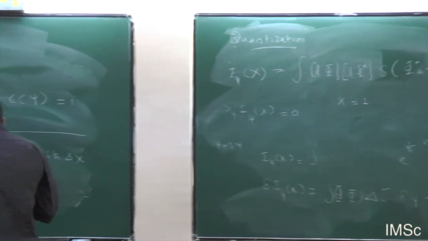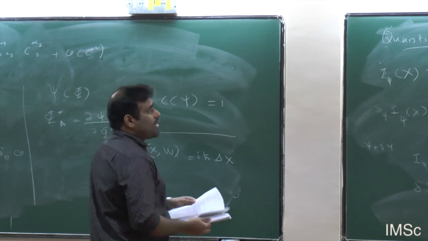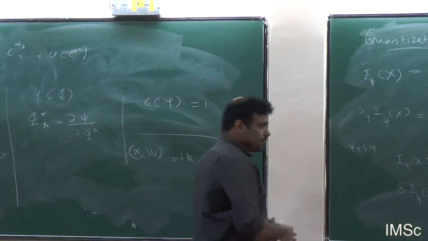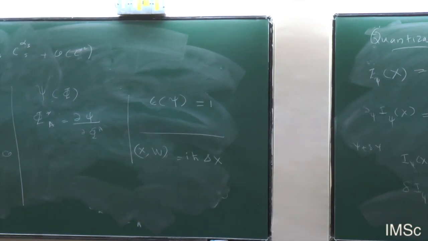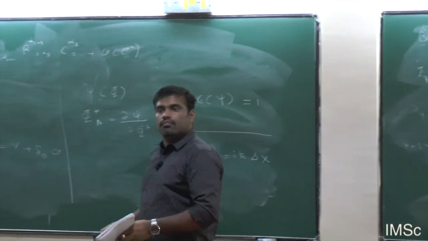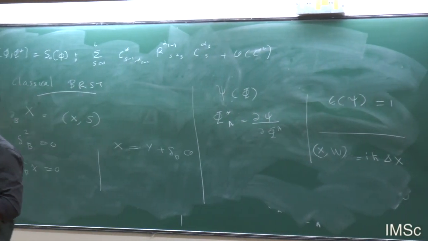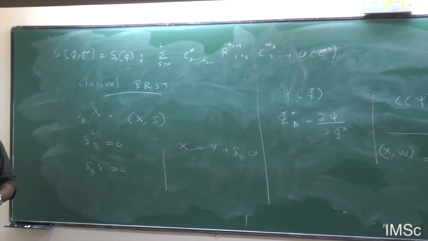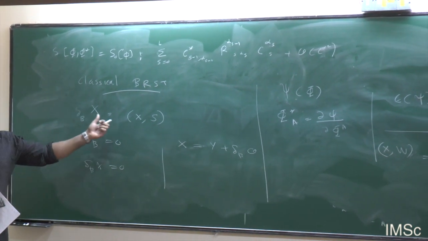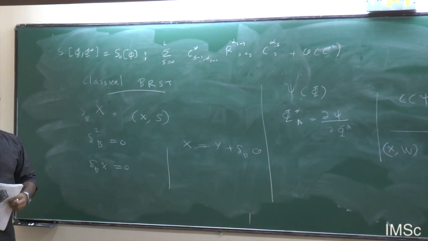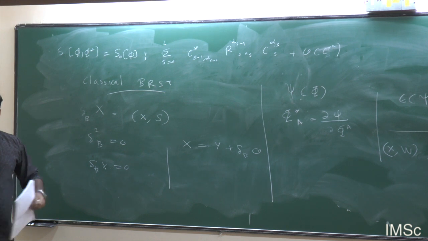So that's a quantum BRST transformation. You can expand x, and the first term is the classical observable x0, and then you have further corrections.